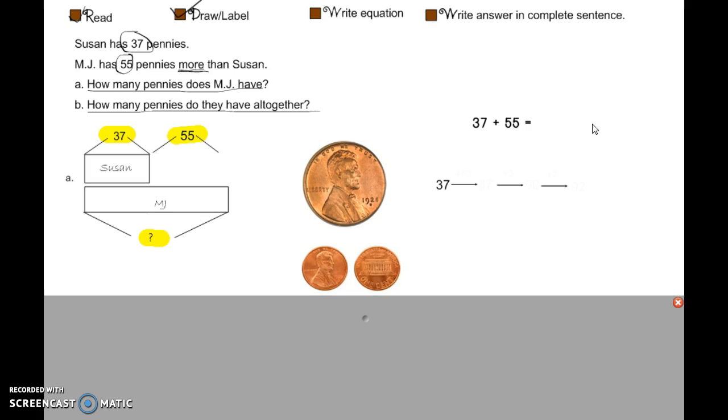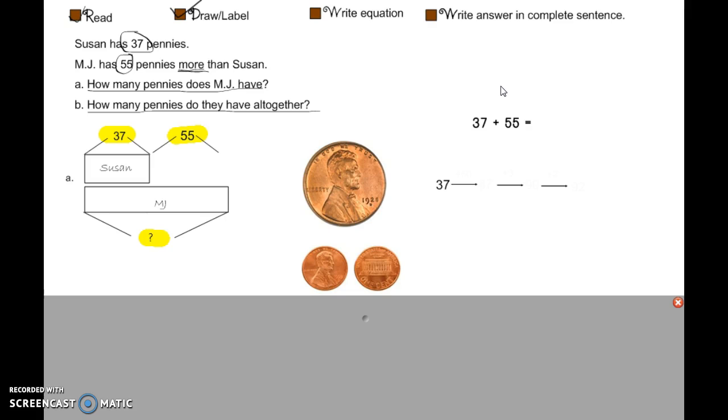Alright, using the arrow notation, I know that I have to start with 37 because 37 is the part that I have to begin with. And when I'm using the arrow way, I first want to start by adding the tens.